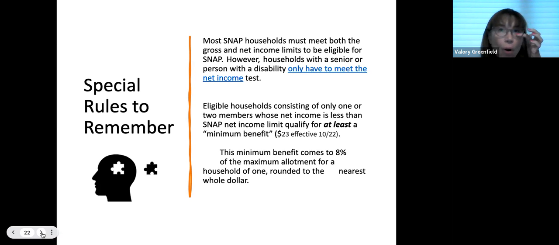So even after all the calculations are said and done, if the calculations show that the person only qualifies for $1 or $10 or $19 in food stamps, if they meet the net income test, which they have to, and they are a household of one or two members, they will at least get $23. This is to ensure that households who meet that test get at least 8% of the maximum allotment for a household of one. I'm going to turn it back over to Cindy so you can move to the next slide.